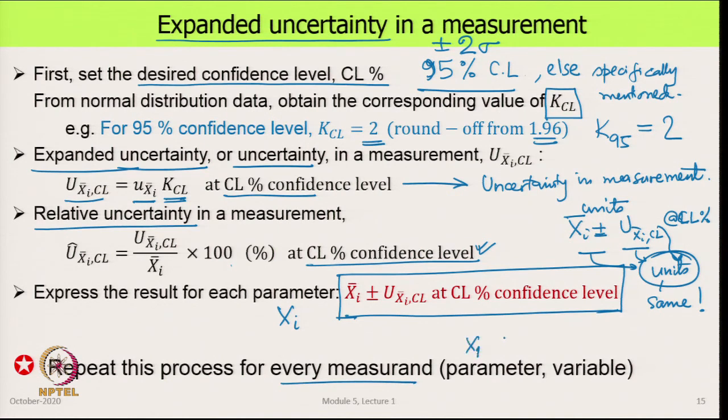That means, we do it first for x1, then x2, x3, as many parameters are being measured in the experiment. We have to repeat it that many times, and the most important thing is that all these parameters, the uncertainty has to be reported at some confidence level, which should be the same. So, we should have the same CL for all xi.